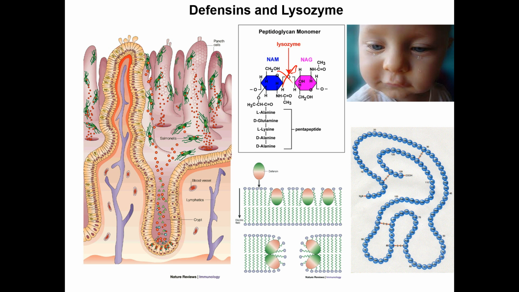The whole function of these Peyer's patches is that they serve as a localized site of immune cells, so B cells, macrophages, neutrophils. So it's a fairly quick response in terms of the mucosal immunity of the gut.